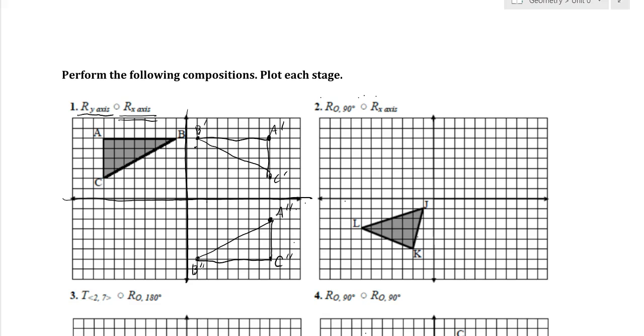Number 2, rotate about the origin 90 degrees and then reflect over the x-axis. So our first stage, rotate 90 degrees about the origin. So we're rotating 90 degrees about the origin. To get J prime, K prime, and L prime.